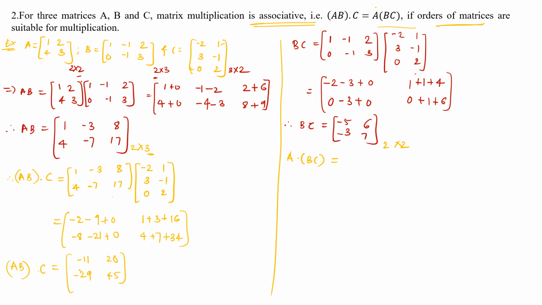सो a के क्या है मैट्रिक्स, a मैट्रिक्स है 1 2 4 3 and b है -5 6 -3 7.